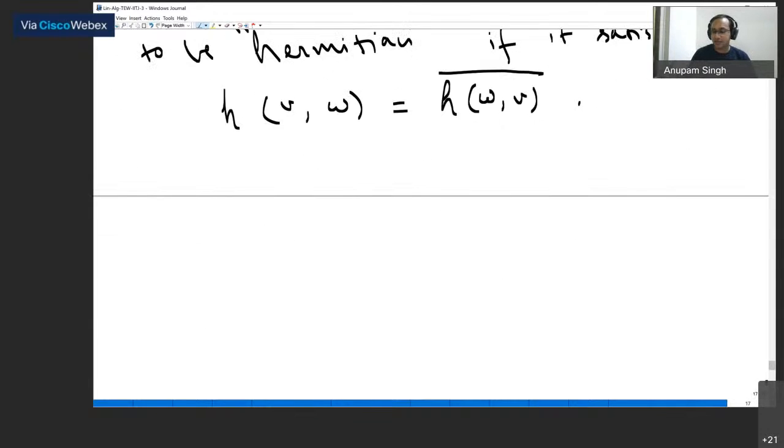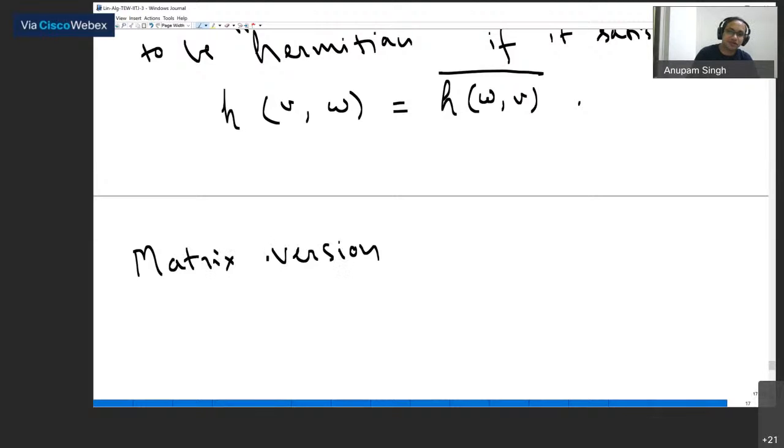Now we can try to study abstractly what all the possible Hermitian forms are. The first thing we would like to do, as we did earlier, is to associate a matrix to this. So let's do that. I call this the matrix version.